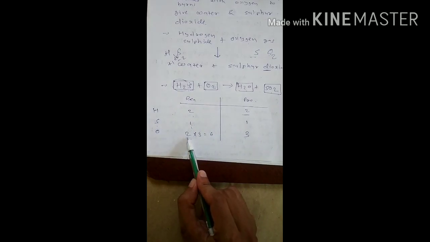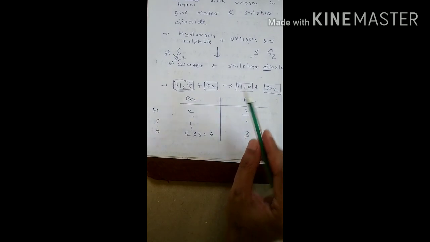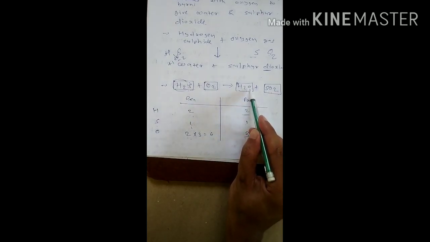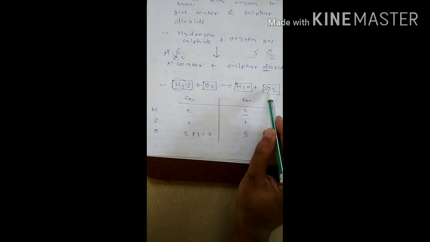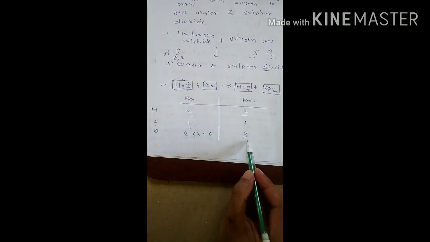that is 2 times. On the product side hydrogen is 2 times, sulfur is 1 time, and oxygen, here count the number of oxygen atoms. O2 means 2, and here 1. So in total 3 oxygen atoms are there.